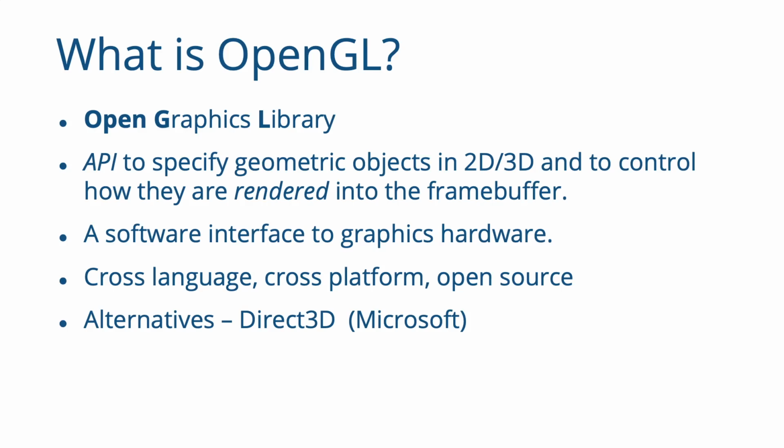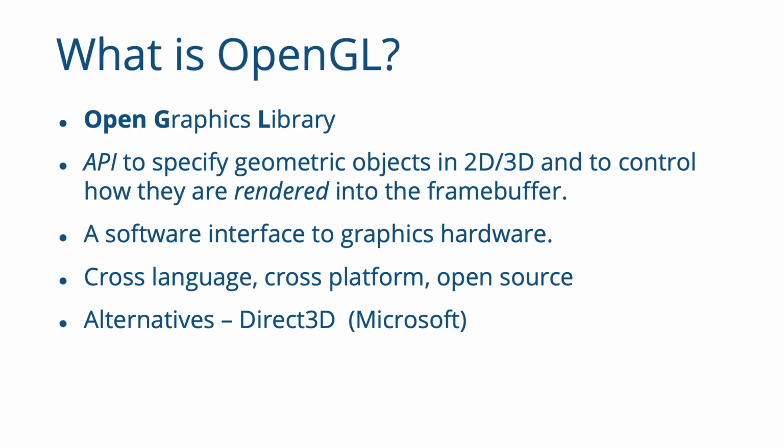It runs on Linux, it runs on Mac, and it runs on Windows. And the API specification is open source. There is also an open source implementation of the API called Mesa. And if you want all these features, there is no other alternative to OpenGL at that level of abstraction.